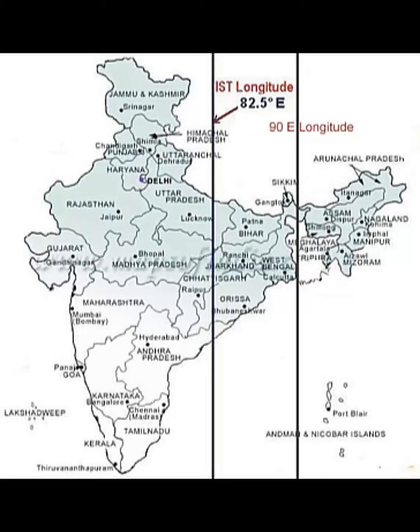Countries like India with smaller east-west extent have only one standard time zone, while countries like Russia, USA, Canada have more than one time zone. The uniform time on a central meridian is known as the standard time.